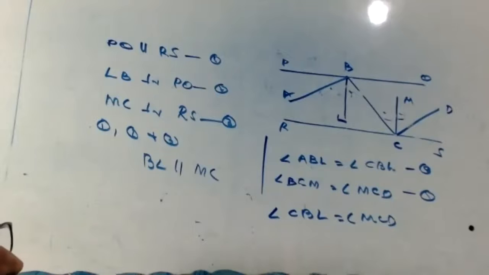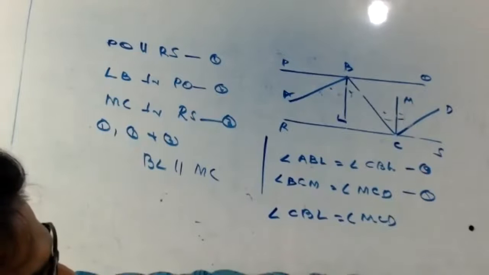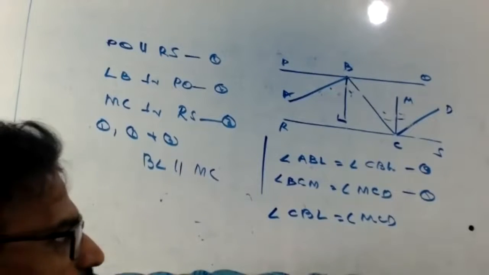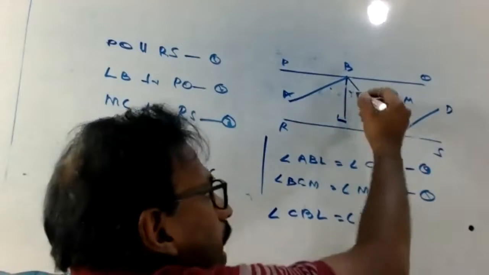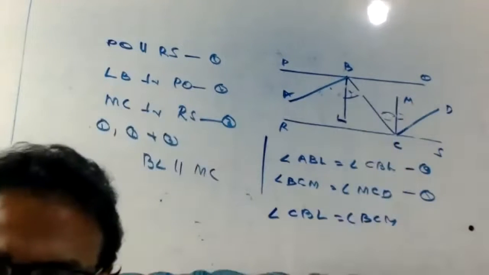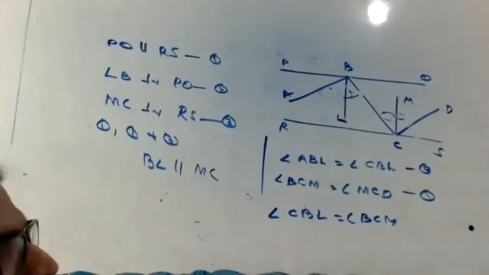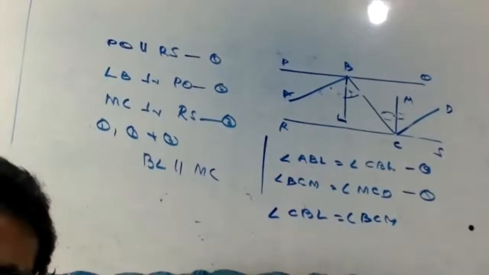Angle CBL equal to angle BCM. This angle equal to this angle. CBL equal to BCM, alternate angles.